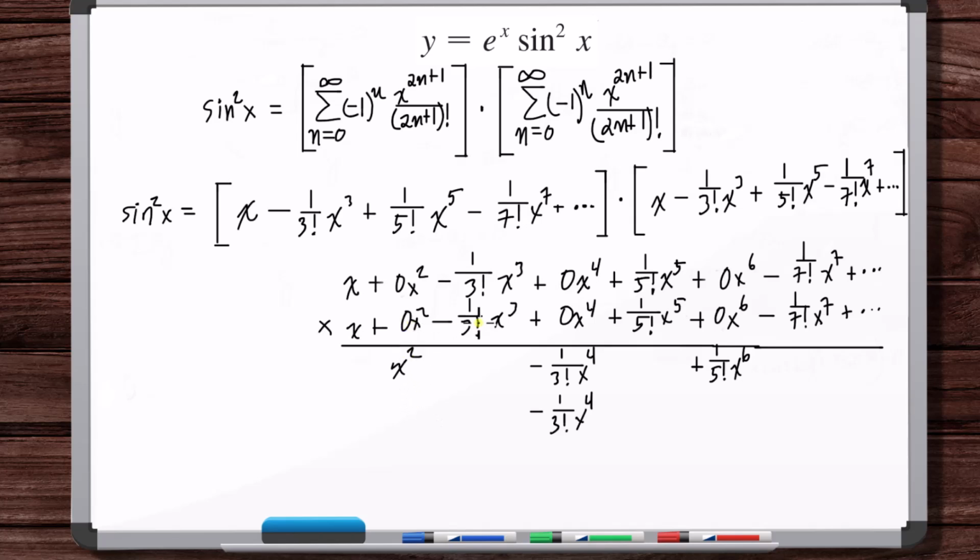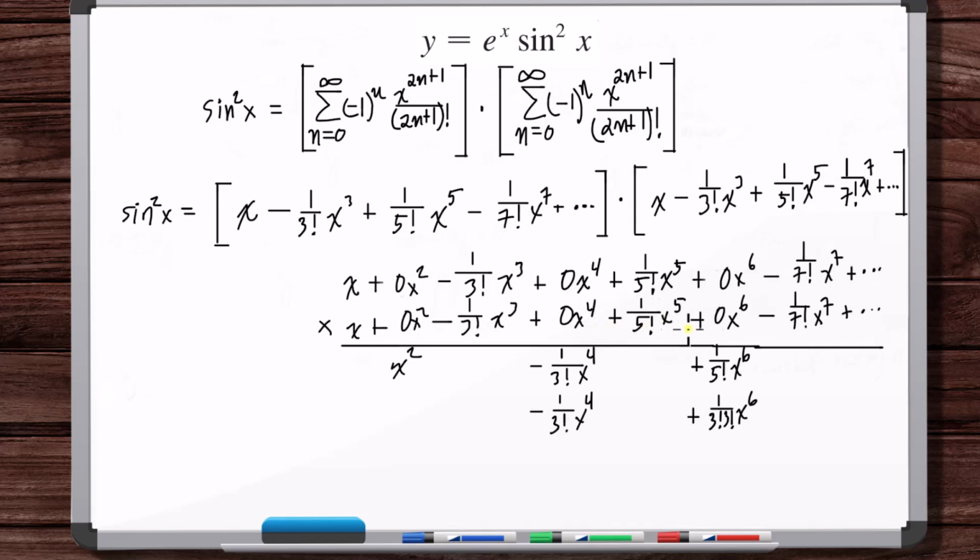Okay, now here, 1 over 3 factorial x cubed, you got the x to the fourth term, and then here's the x to the sixth term. So this is going to be positive 1 over 3 factorial times 3 factorial x to the sixth. Okay, and then there we go. We can stop there.